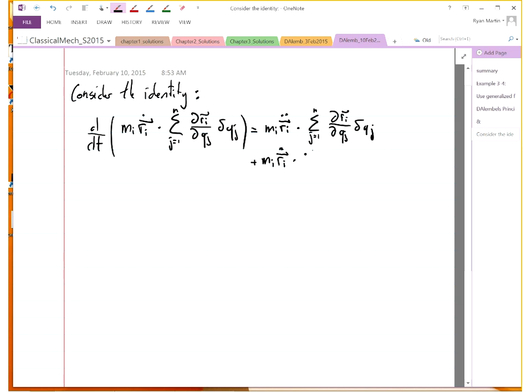So then I have the sum from j equals 1 to n, and if I take the d/dt of that sum, the d/dt and the ∂/∂q_j commute, so I can write this as ∂/∂q_j of d/dt of r_i dotted with δq_j.